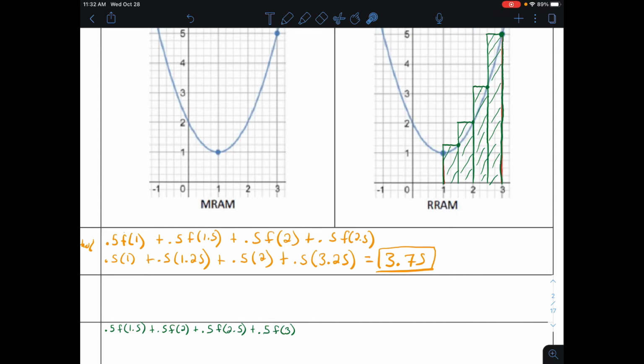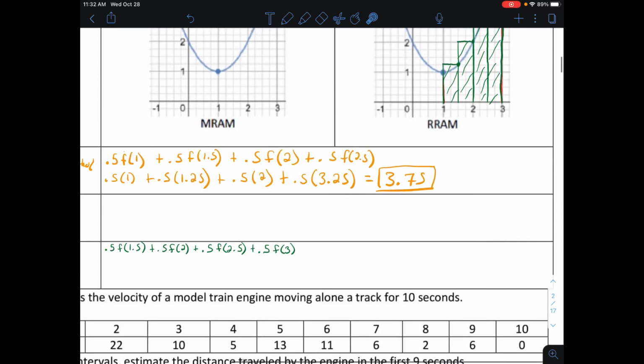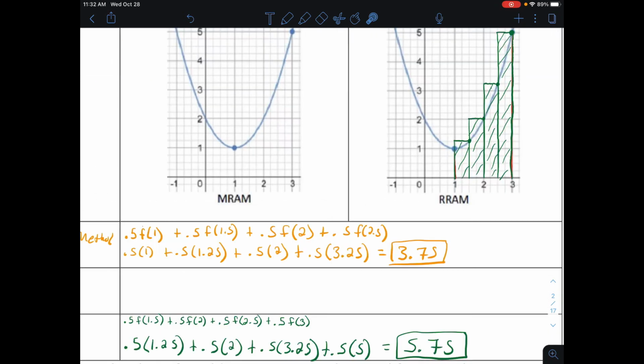The most accurate way to get those y values is by plugging these numbers into our original equation instead of just estimating them off the graph here. And in using that approximation method, we get their heights, and we find the area of all 4 rectangles, we get a sum for this area up underneath the curve to be about 5.75.